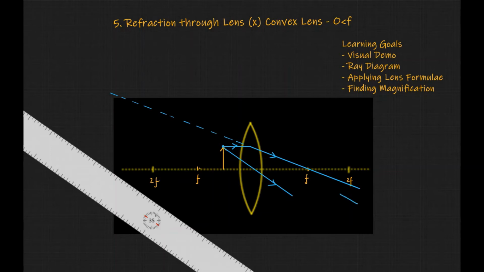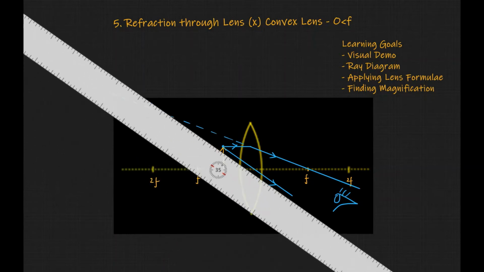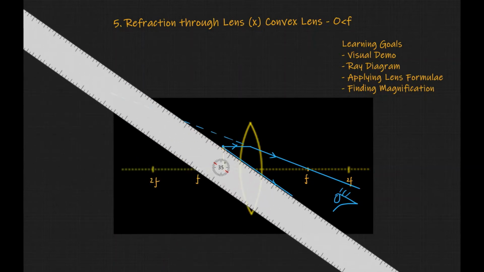And if you are seeing that object from here, these rays which are diverging come to your eyes, and your brain projects these rays back and imagines that these rays for that point originated over here. So it creates a virtual image.